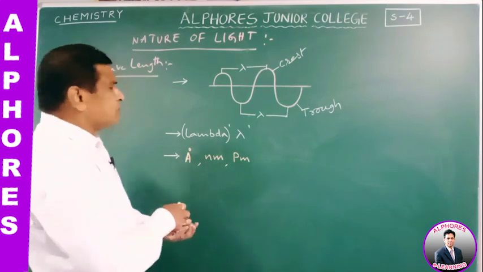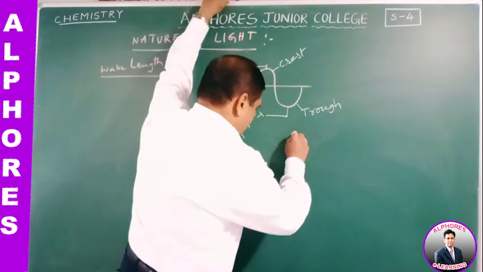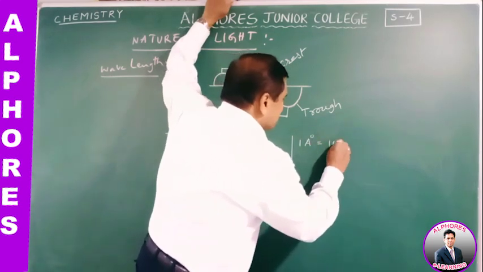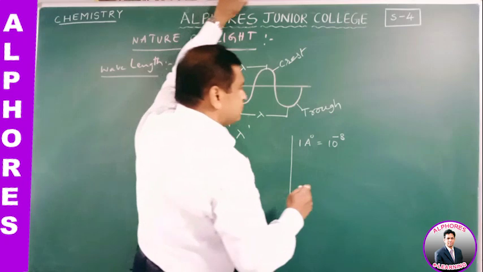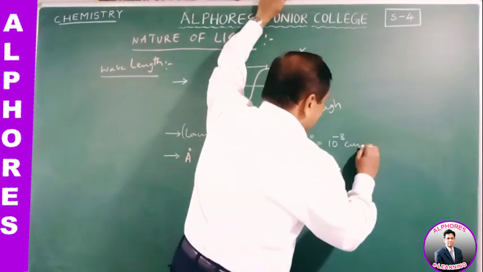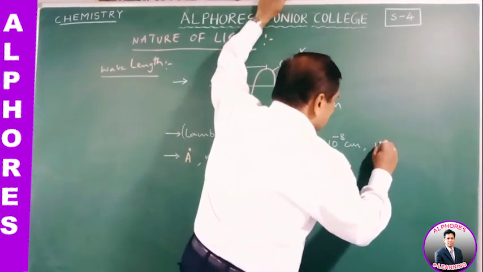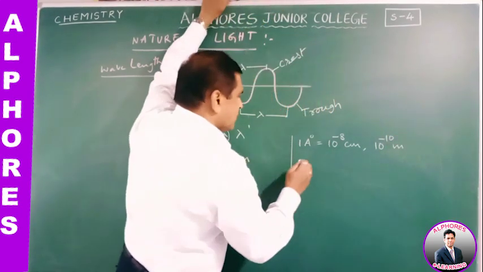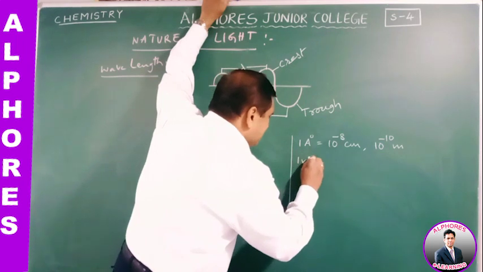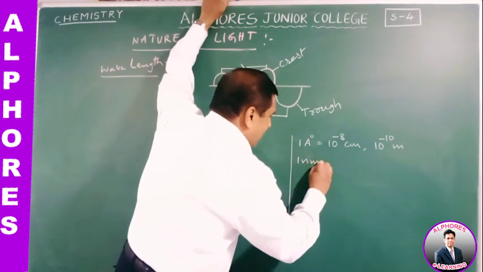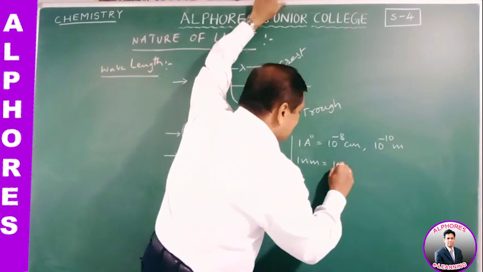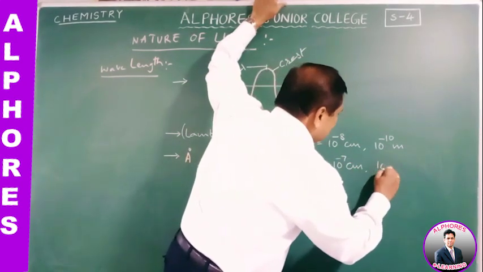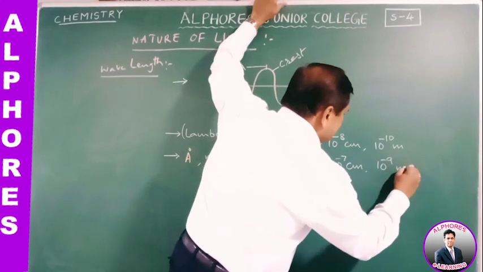Let us see some conversions. 1 angstrom unit equals 10 to the power minus 8 centimeters, or 10 to the power minus 10 meters. 1 nanometer equals 10 to the power minus 7 centimeters, or 10 to the power minus 9 meters.